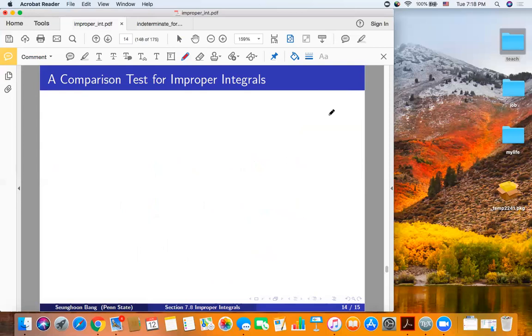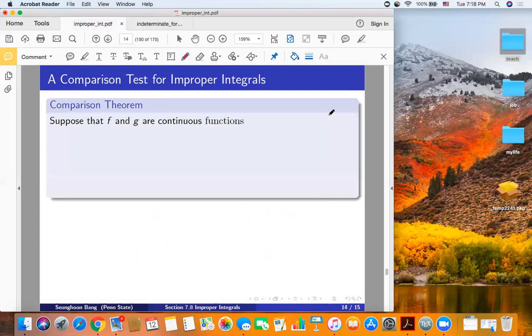The last one is the comparison test for improper integrals. What's that? Comparison theorem: suppose that functions f and g are continuous with g of x between 0 and f of x for x greater than or equal to a.